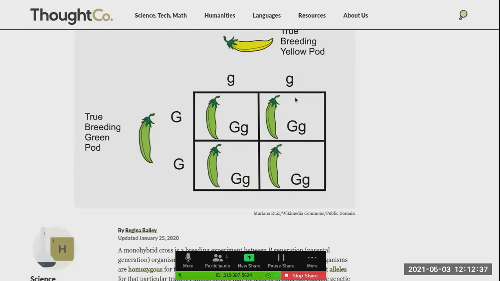That means the parents are heterozygous. This one is actually not a monohybrid cross per se because each parent has a single allele, not different alleles. So to be a monohybrid cross in this case, this has to be a capital G and this has to be a small g, because the parents have to be heterozygous. In this case, they are not heterozygous, they are homozygous because they have two small g's or two capital G's.